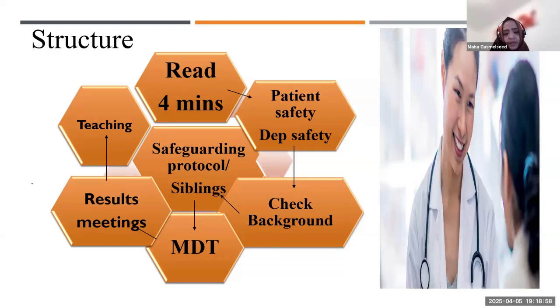And then the next step is to check the background. So before entering the room where you have parents or carers and the child sitting, you need to quickly go to the electronic records and check if there was a previous safeguarding admission, or if there are any previous safeguarding concerns about that child.